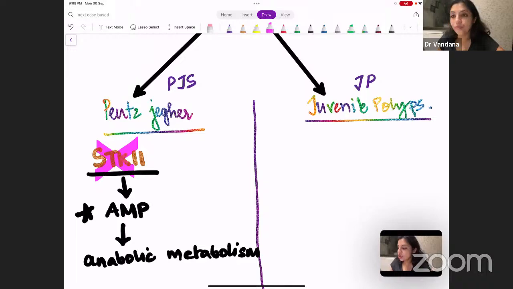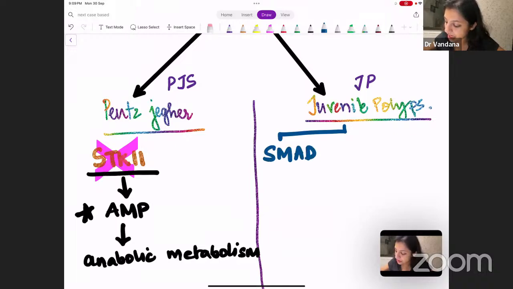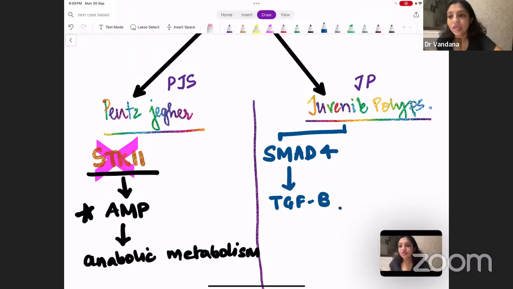Now, what is the cause of polyps in juvenile polyps? That also we should understand here. Here also there is a mutation in a tumor suppressor gene called SMAD4, which controls the TGF-beta pathway. Whenever there is a SMAD4 mutation, there is abnormality in TGF-beta which causes mucosal hyperplasia.